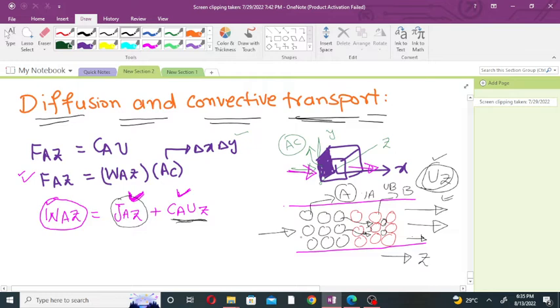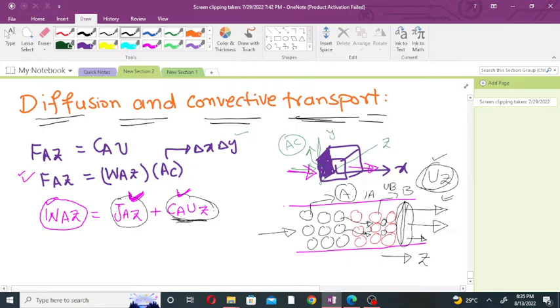In the flow in the z direction, component A will also pass through a perpendicular area in unit time, which is called the flux of component A, denoted by Ca multiplied by uz.